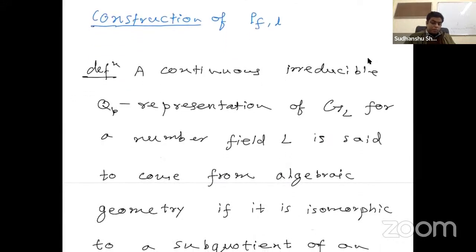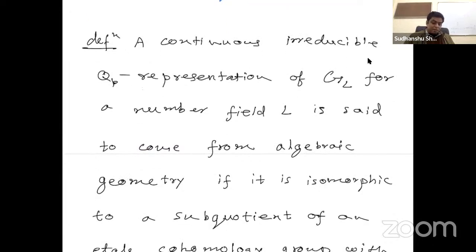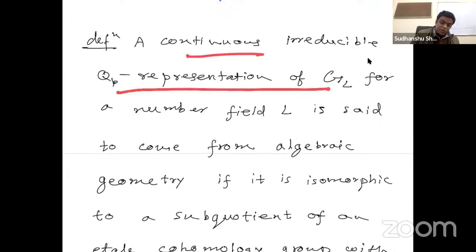So before I start describing its construction, let me state a basic conjecture. You can view it as a motivation for this representation to occur. Take a continuous irreducible Q_p representation of G_L, where L is a number field.